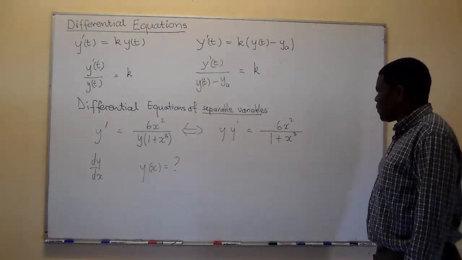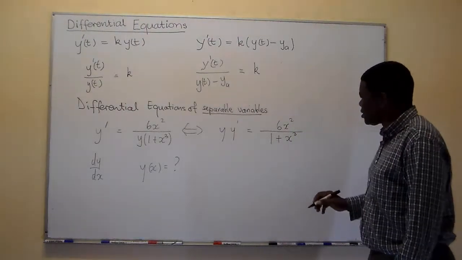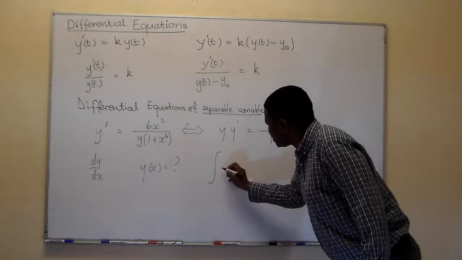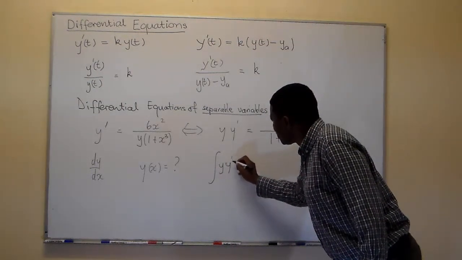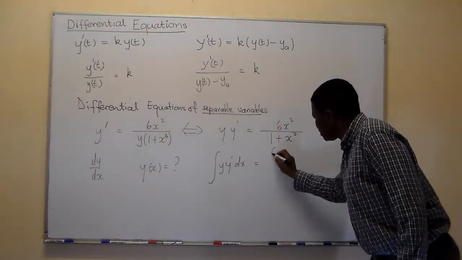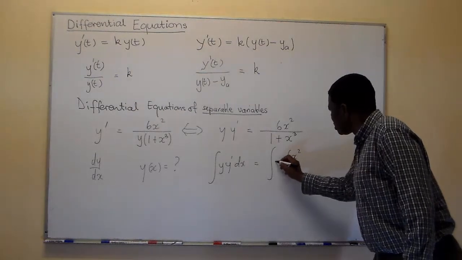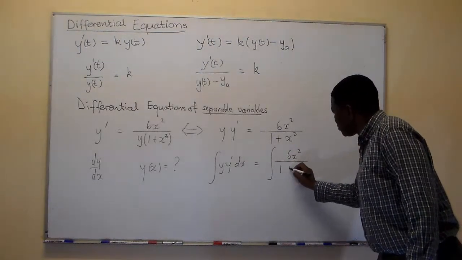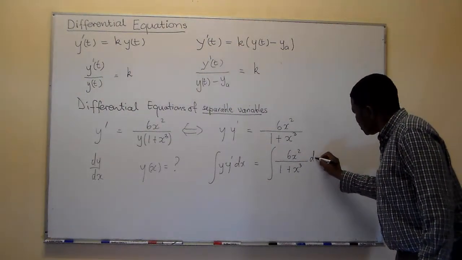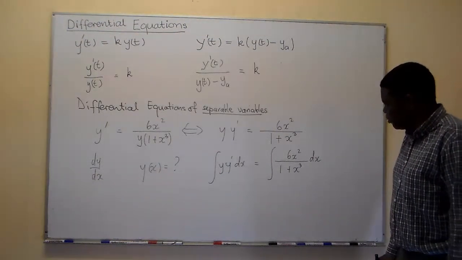So what we need to do now is introduce integration on both sides, which in this case is the integral of y prime dx equals the integral of 6x squared over 1 plus x cubed dx. So we integrate both sides in terms of x.